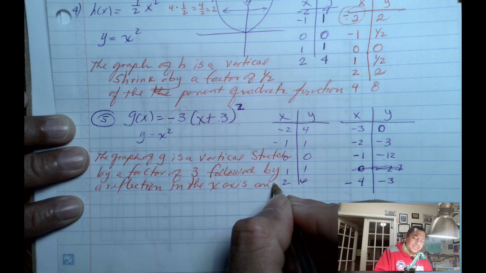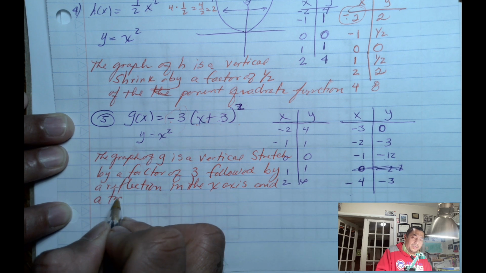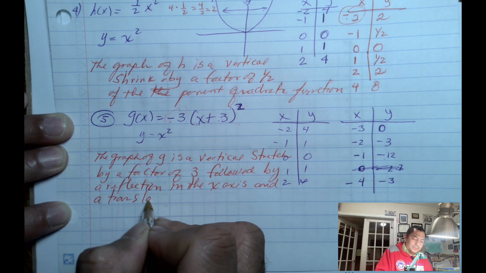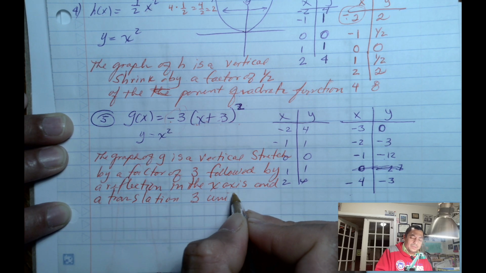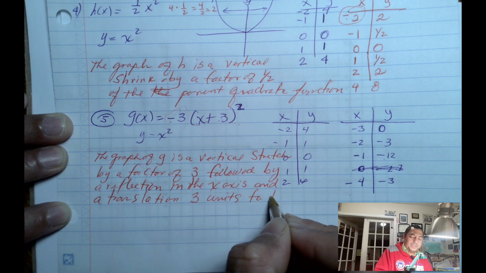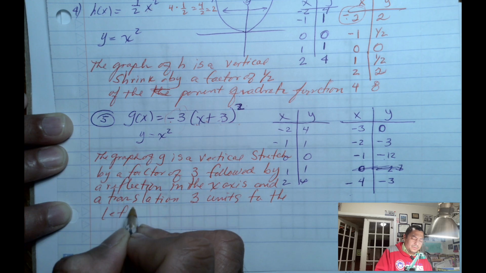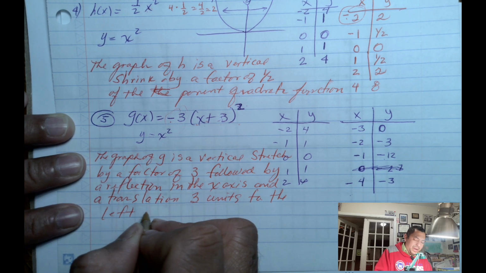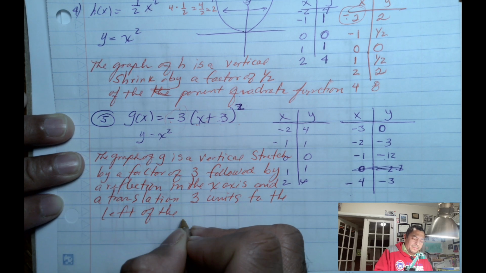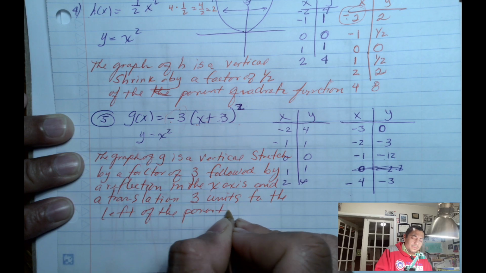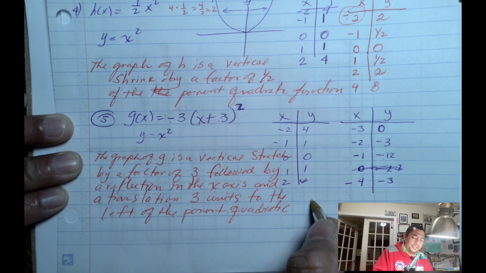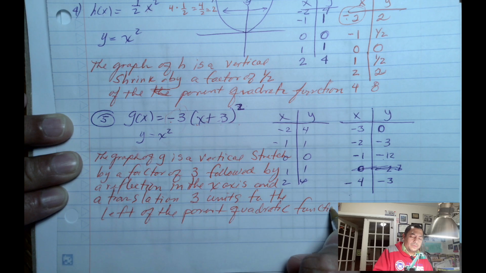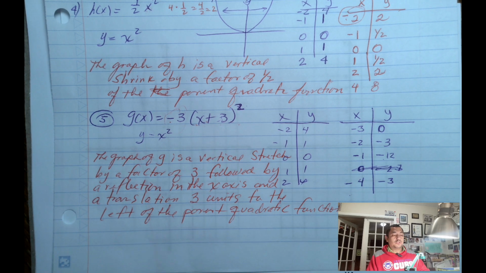And in this case, a translation 3 units to the left of the parent quadratic function. And that's the solution, right?